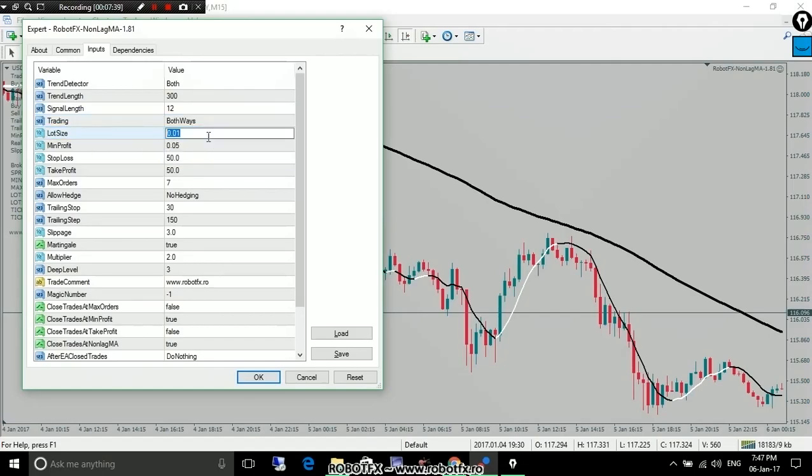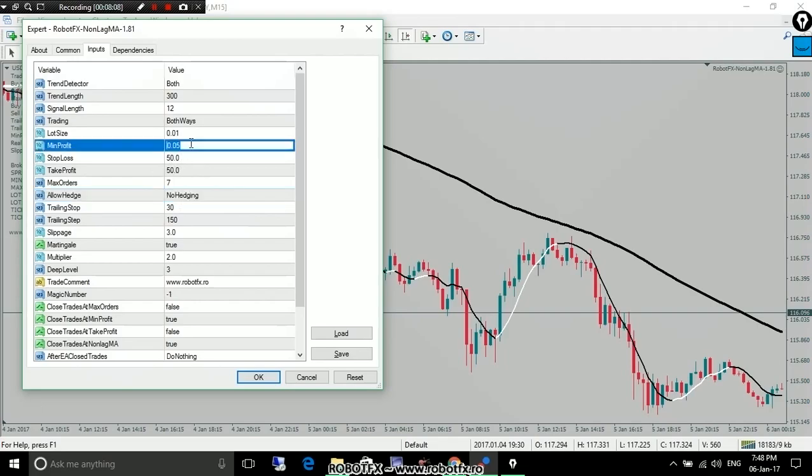This is the lot size, the initial lot size of the first trade basically, if you are hedging, or the only trade if you are not hedging. I will make another video about hedging, zone, and fluid, or you can watch those in the RobotFX fluid videos. I will make others anyway. Let's not talk about hedging in this video.